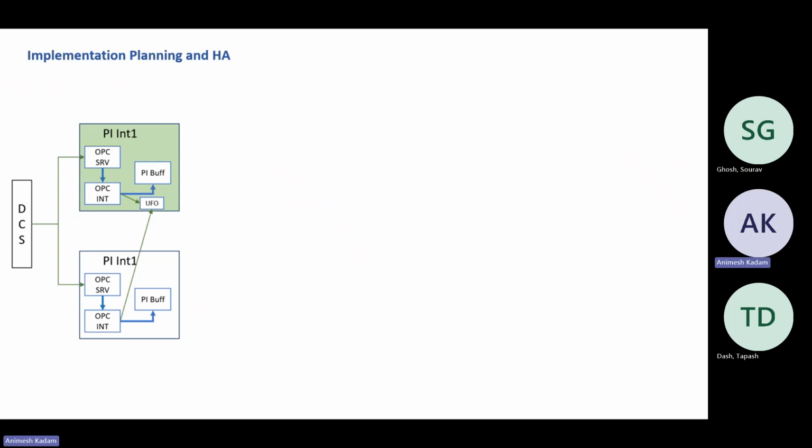Once you click on that particular server, the IP or the host name you mentioned, it will pull the list of the OPC instances available on that server. And then you can select. That's done internally by the ICU.